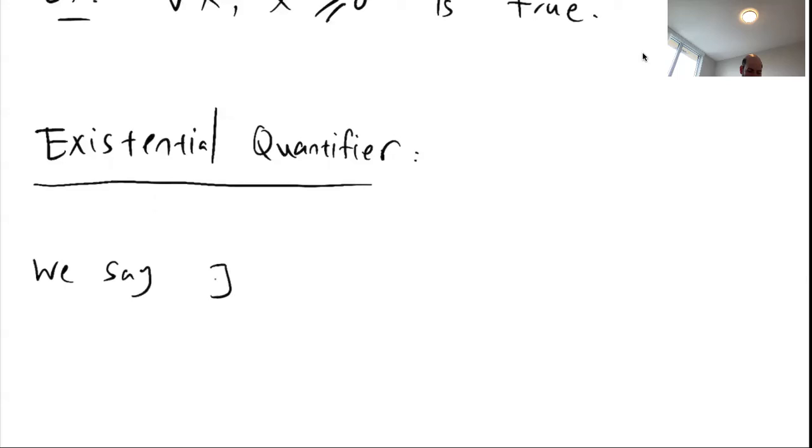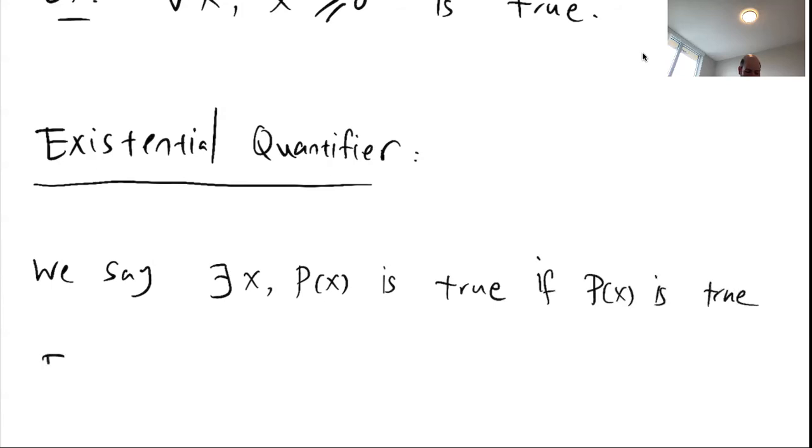We say there exists x, p of x is true if p of x is true for at least one x. I don't say one value of x because, like I said, x could be a person. But if for at least one x coming from the domain p of x is true, then we can say there exists x, p of x is true.